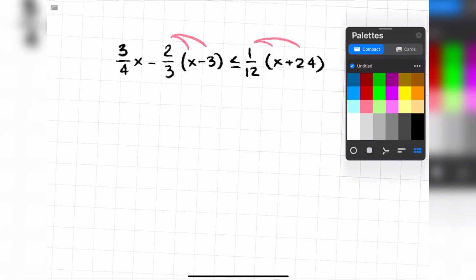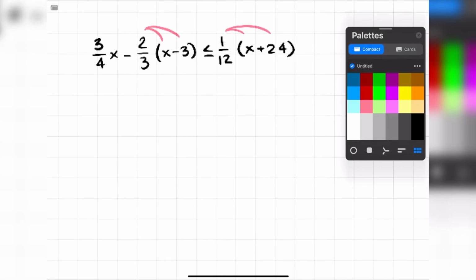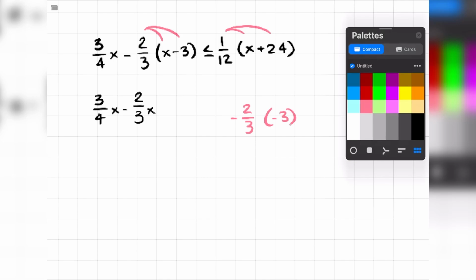A calculator will help you here, but for these, you can kind of do it in your head, or at least I can. 3 over 4x, and then negative 2 over 3 times x is negative 2 over 3x. Negative 2 over 3 times negative 3, think about it like this, right? If you multiply negative 2 over 3 by negative 3, what does that do?